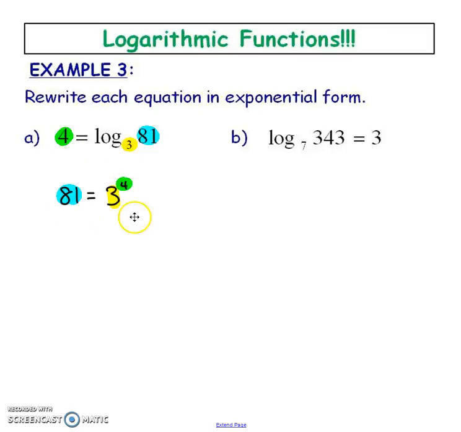This should make sense, doesn't it? 3 to the power of 4 equals 81. 3 to the power of 4 is equal to your answer, 81. Let's try that without all the colors. 7 to the power of your answer is equal to 343. See? So this is logarithmic form to exponential form.